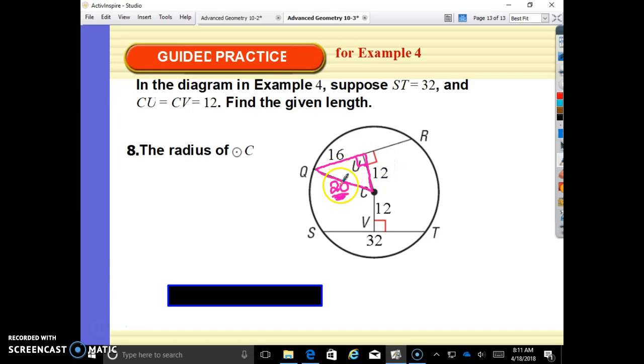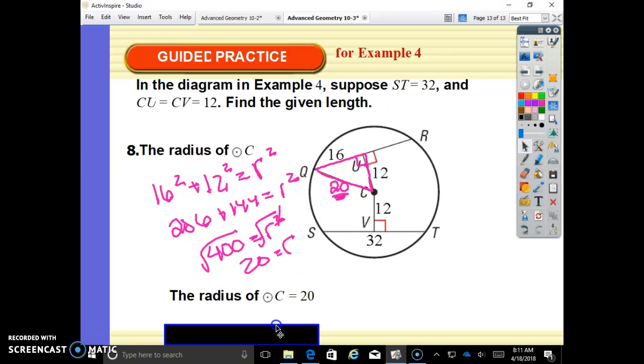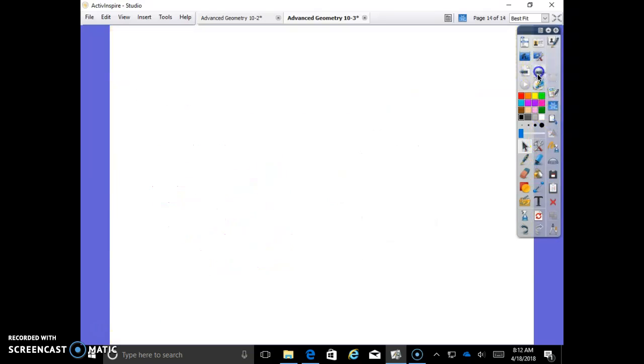The square root of 400 is 20, right? So 20 equals the radius, okay? You can always do the math if you don't notice that it's a Pythagorean triple. If you notice that it's a multiple of a 3, 4, 5, you don't have to show the work. It just makes it that much easier.